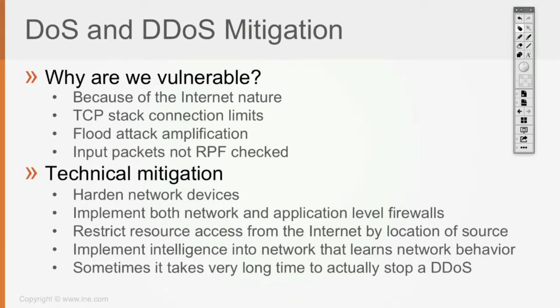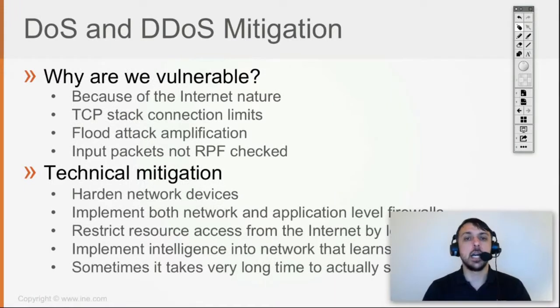Otherwise, you can implement intelligence into the network that learns network behavior. In the case that you cannot restrict access to a public resource from specific IPs, like from your own country, because it has to be publicly available, then you can deploy some kind of application level firewalls, which are deployed in the network. They learn the network behavior.